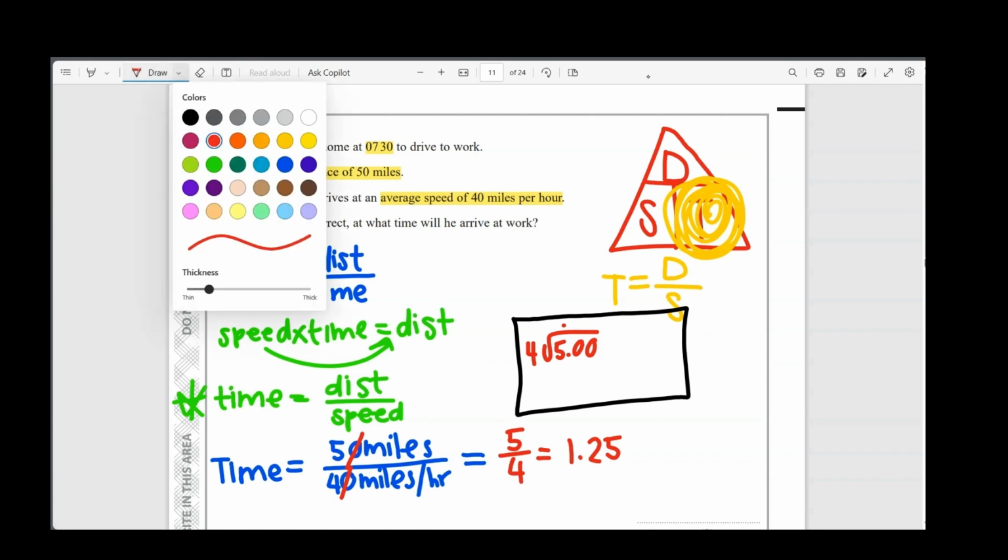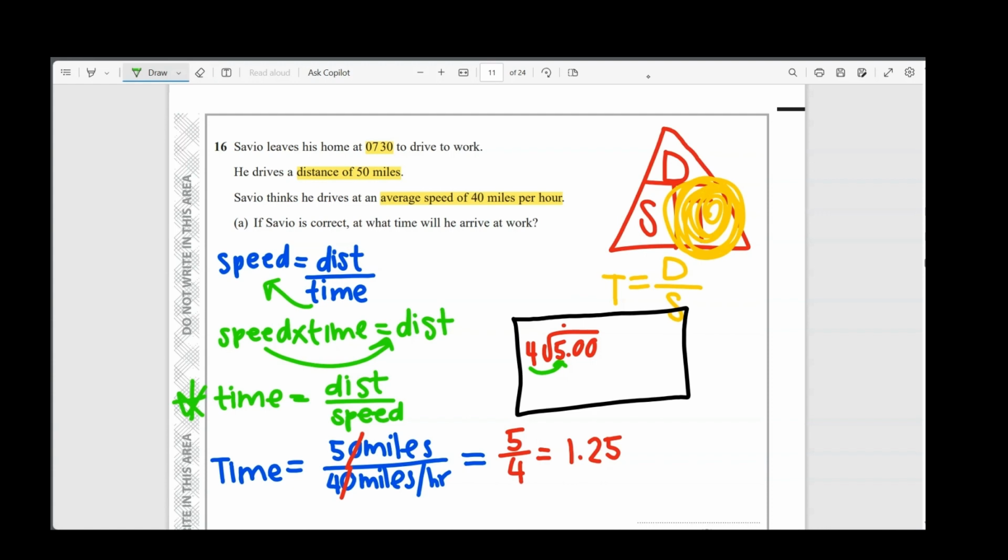And then how we work this out is we always say, how many times can 4 fit into 5? So it can fit into 5 one time, and there's a remainder of 1. How many times can 4 fit into 10? So the 1 and the 0. So it fits into 10 twice. And there's 2 leftovers, or 2 remainders. And then how many times can 4 fit into 20? The 2 and the 0. It goes into 20 five times. Okay, so 1.25. So that is our division that we have to do there to get this answer.